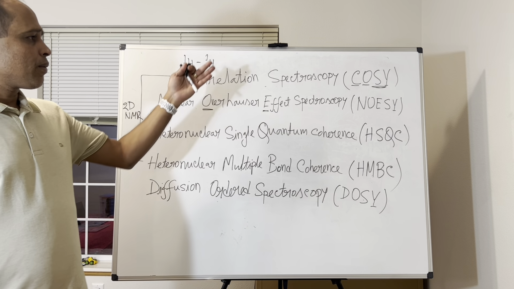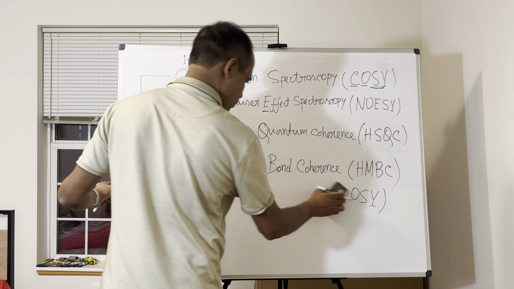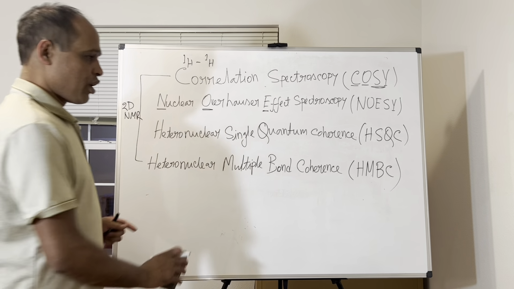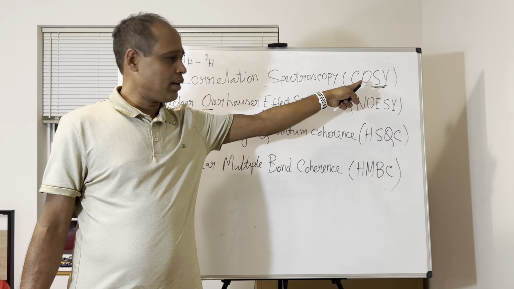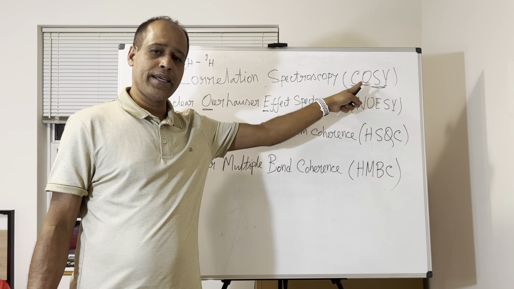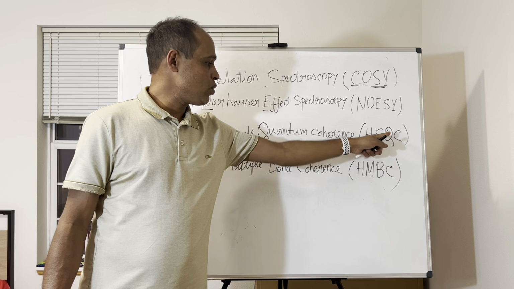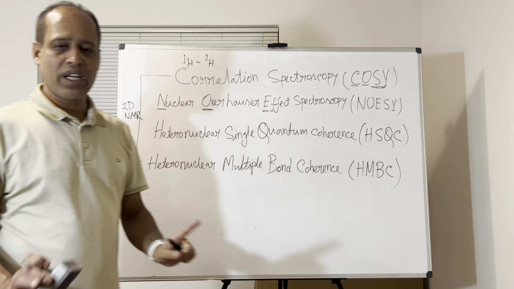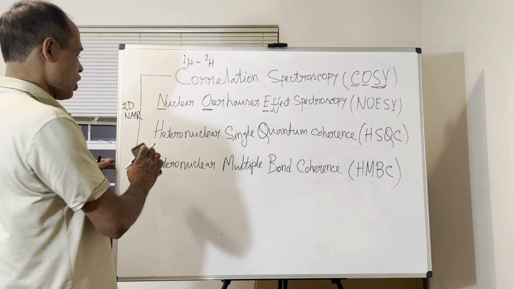Let's discuss one by one. You can write down the short forms somewhere: COSY, NOESY, HSQC, and HMBC. Just write them down on a paper, then we will slowly discuss all of them.